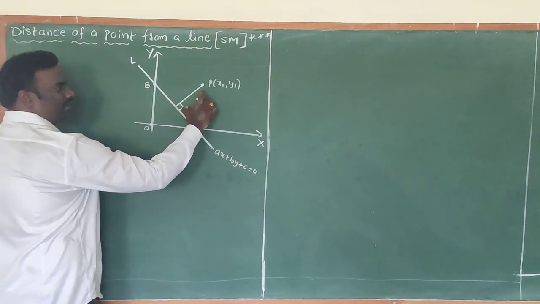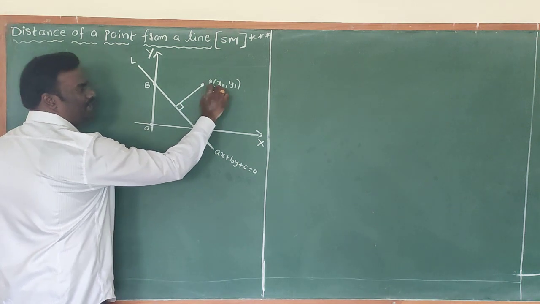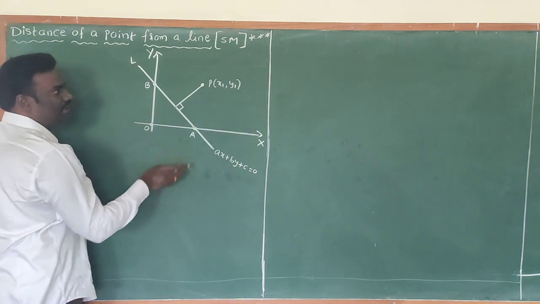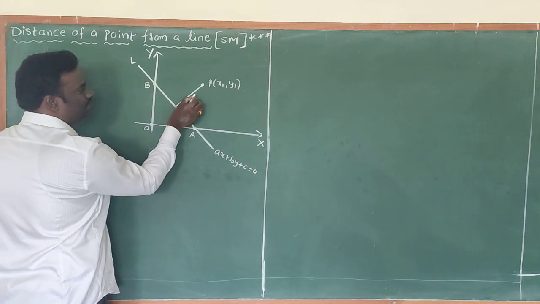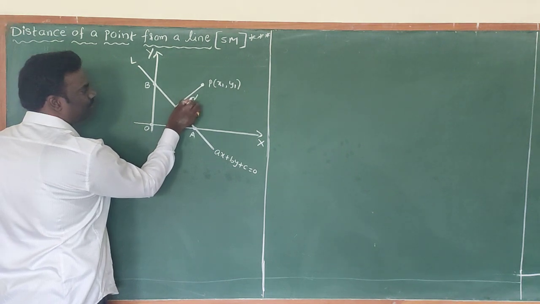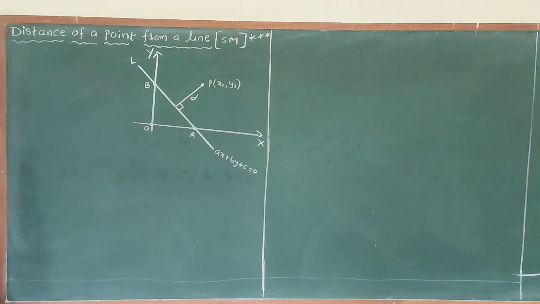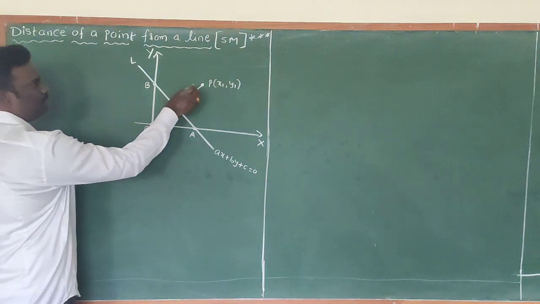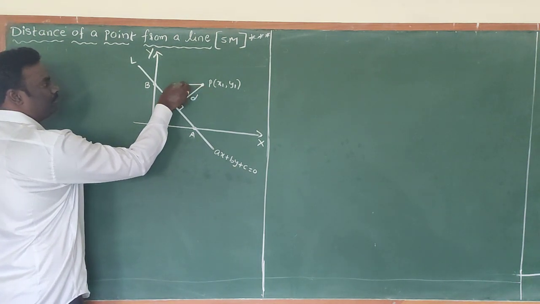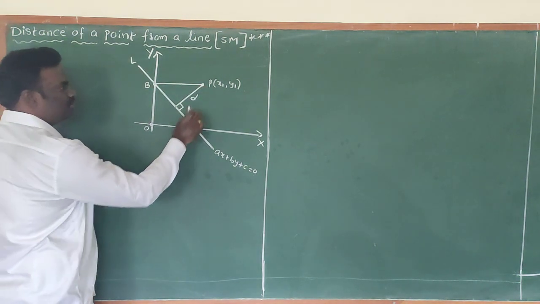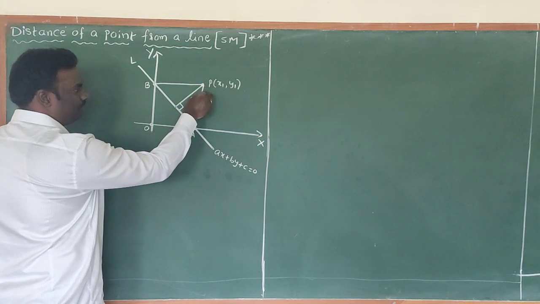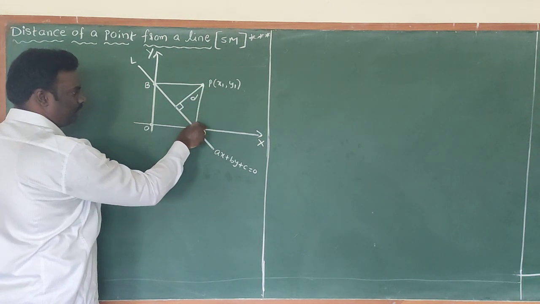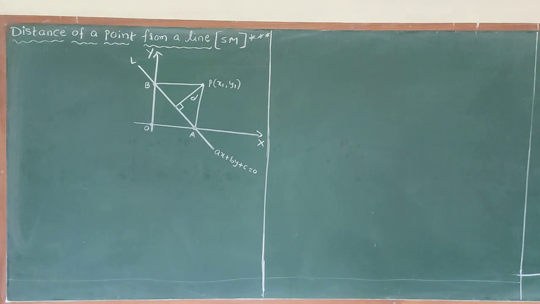This is the distance from the point to the line. This distance I am taking as d. Now join this P and B. Now join this P and A. Finally, a triangle is formed.